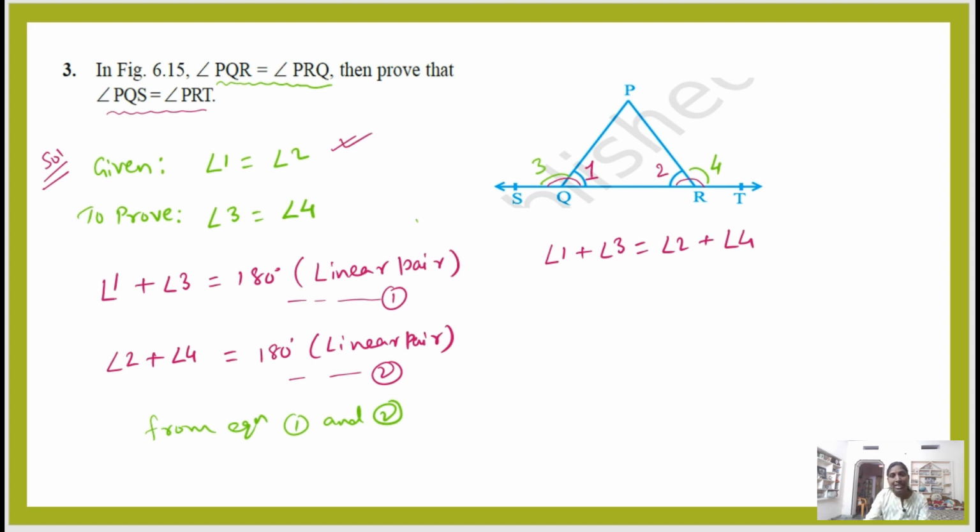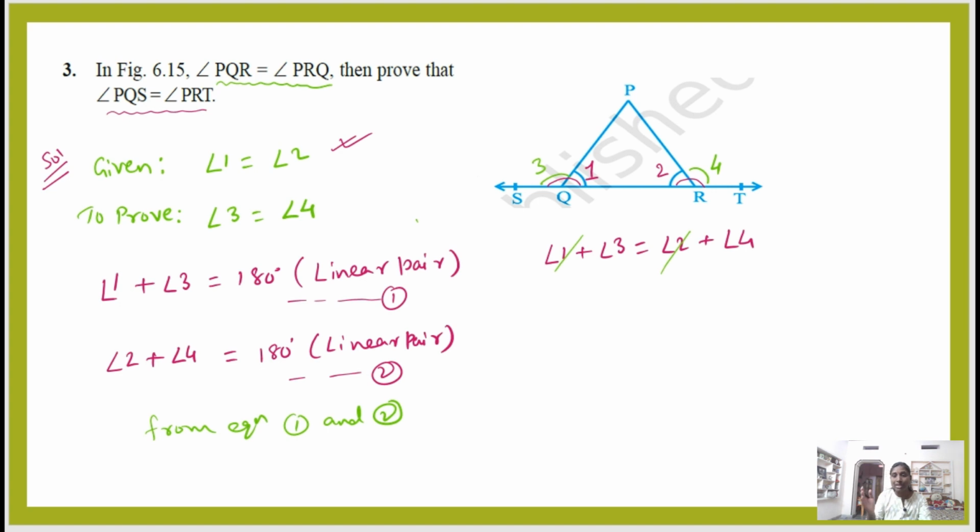It means here we can cancel angle 1 and angle 2 both the sides. Why? Because they are equal, and they are in different sides, in LHS and in RHS.